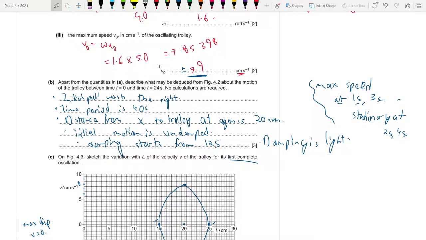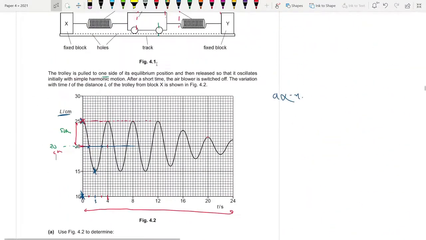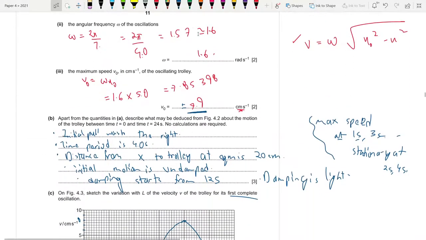The distance from X to the trolley at equilibrium is 20 centimeters. The initial motion is undamped. The motion becomes damped from 12 seconds onwards, okay? The oscillations or the motion becomes damped from 12 seconds onwards. Remember that, really important. So any three, okay, any three from this.